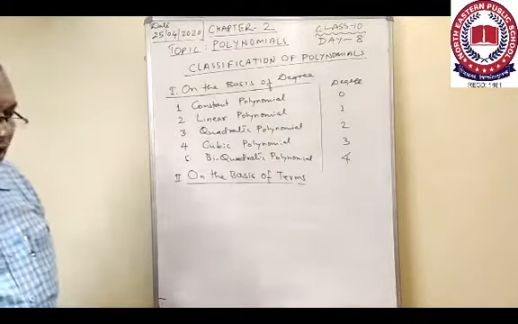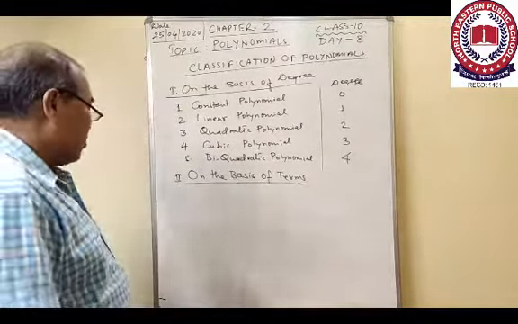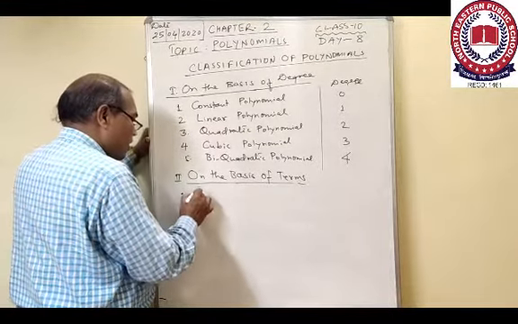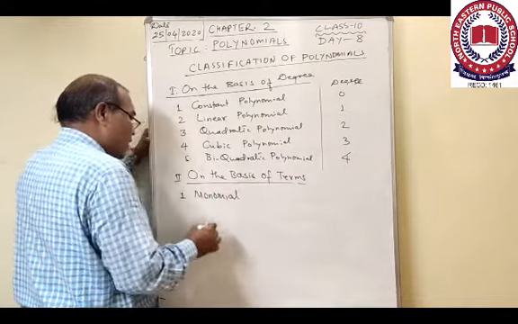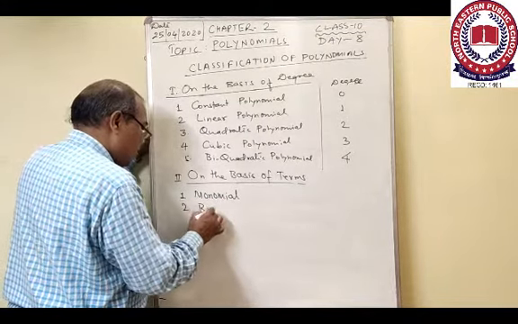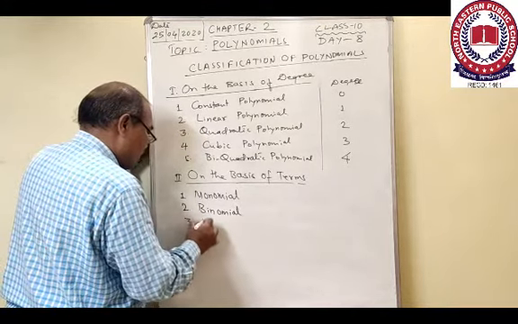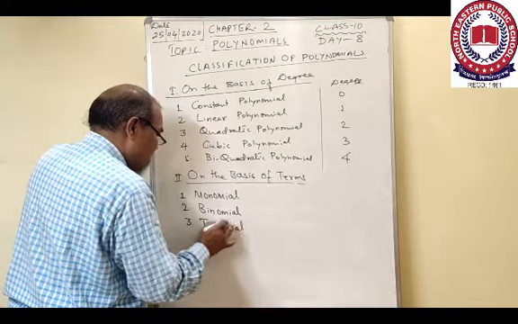Another classification of the polynomials is given on the basis of terms. So here, first one is called monomial. Second is called binomial. Third is called trinomial.